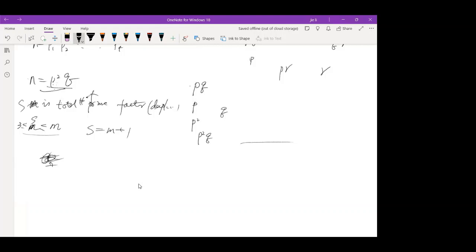From the prime factorization, you could think alpha 1 less than or equal to alpha 2 less than or equal to alpha t.